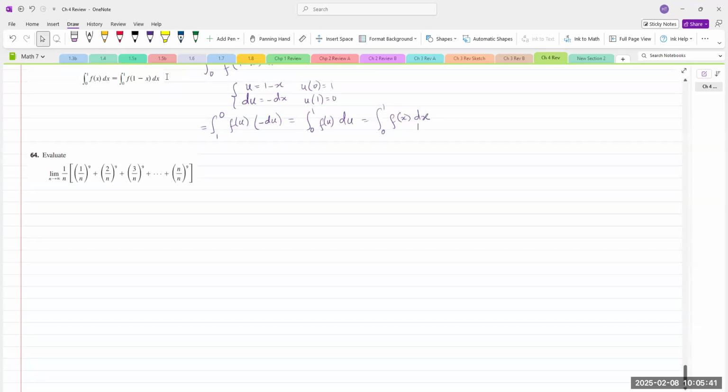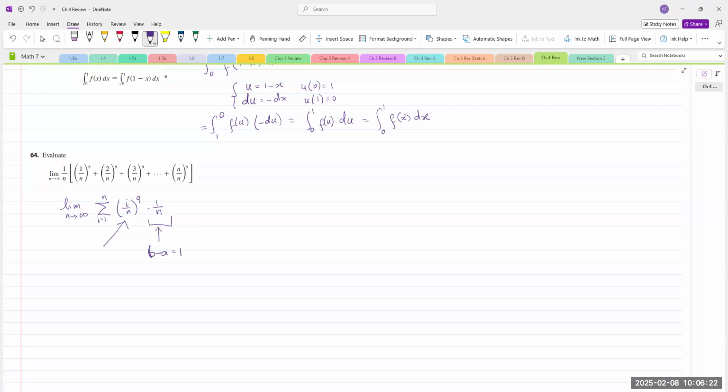Evaluate this integral here. What the heck? Okay, so this is the limit as n goes to infinity of the summation of (i over n) to the ninth, where i starts from 1 to n, times 1 over n. This tells us that the length of the interval is 1, so b minus a equals 1.